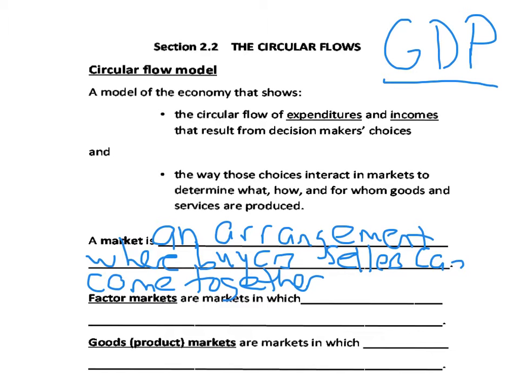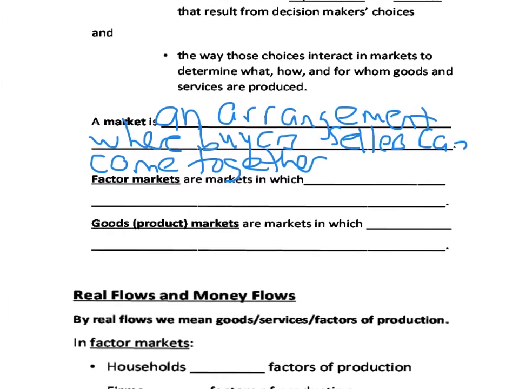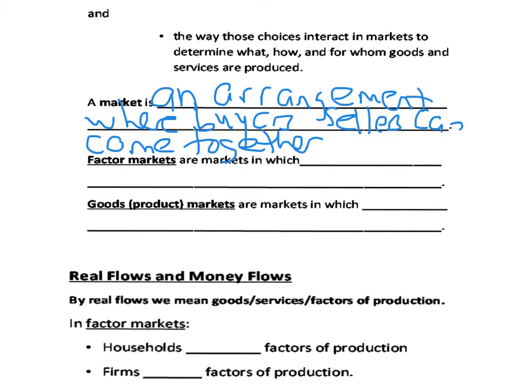So there are two different types of markets. There's a factor market and a product market. A factor market deals with the factors of production. So the factors of production are land, labor, and capital, and the factors of production are bought and sold.